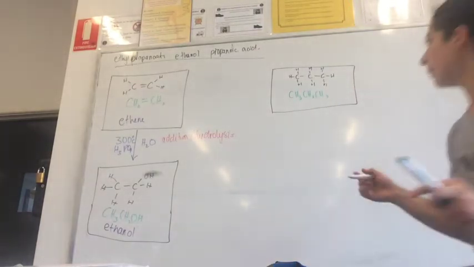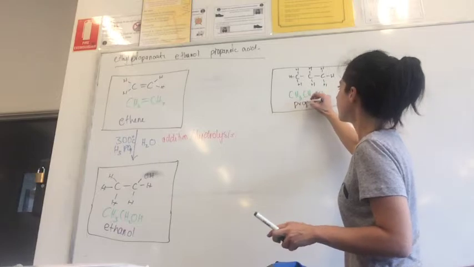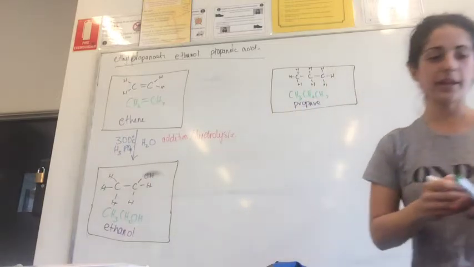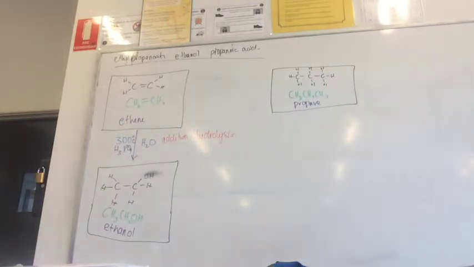And this is propane. Okay? Then what would be my next step? I've got to get to propanoic acid, but I have quite a few steps before I get there. What are the only types of reactions alkanes can undergo? There are only two types. Substitution and combustion. And we don't really want to combust it, do we?